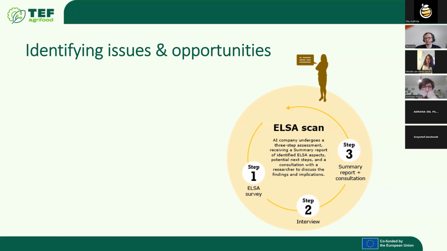One of our ELSA experts will interview the company, mostly an AI development role, but we also do ELSA scans in other roles, more business roles. And like that, you can identify if there are any differences in ELSA aspects that are found. And thirdly, we have a consultation meeting, and the company also gets a report on which ELSA aspects are identified. And that looks like this. Can we go to the next slide, please?